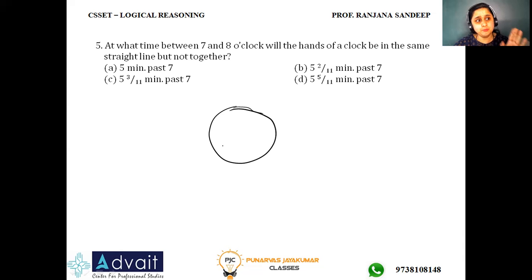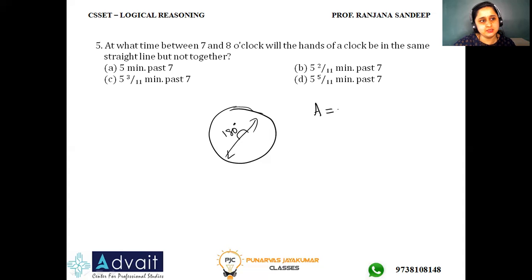See, when I say but not together, that means the hands of a clock are not coinciding. The hands of the clock are in the same straight line. That means the angle is 180 degrees.